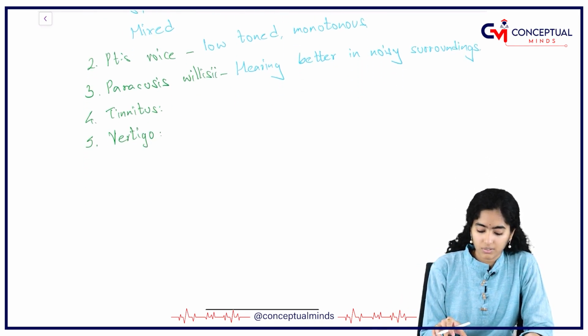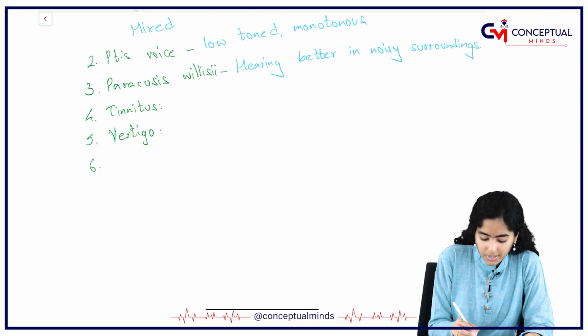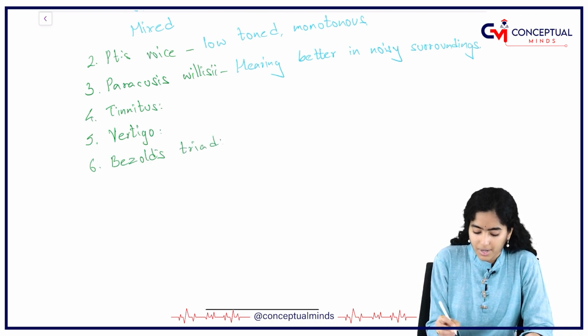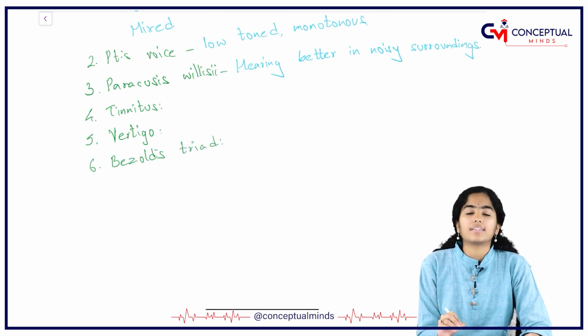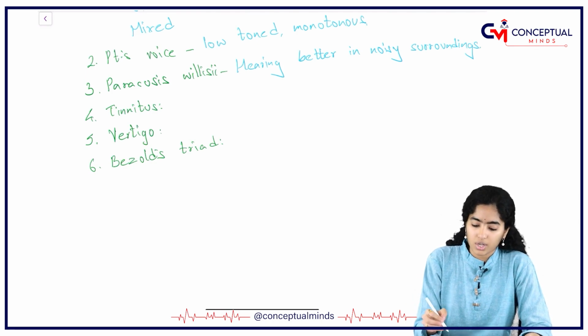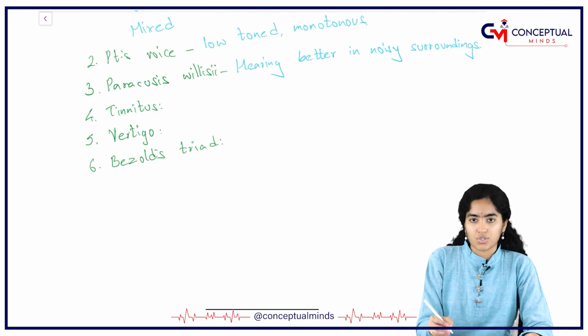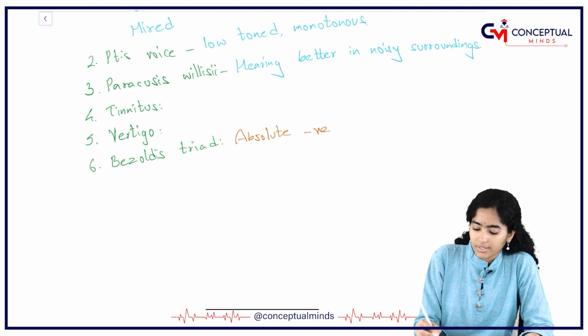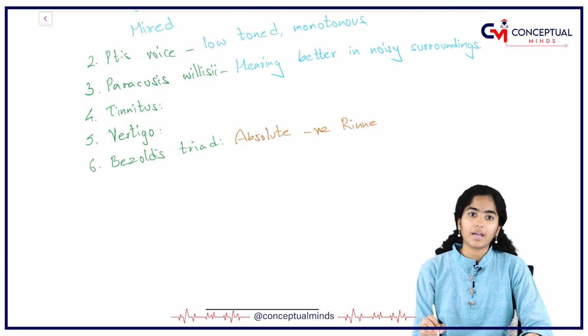And we have another interesting term, that is Bezold's triad. You must have heard about Bezold's abscess. This is Bezold's triad. And what does the triad constitute of? It constitutes absolute negative RINI, that is, at all frequencies RINI is negative.